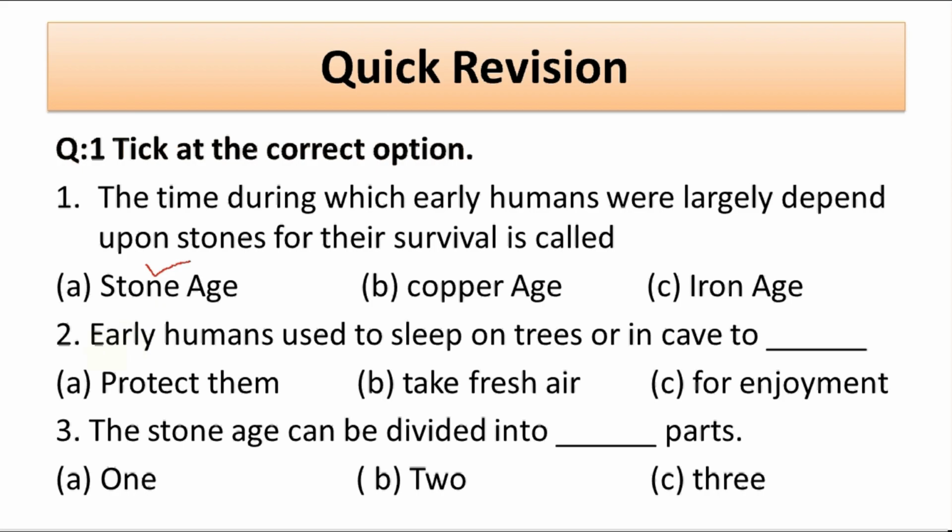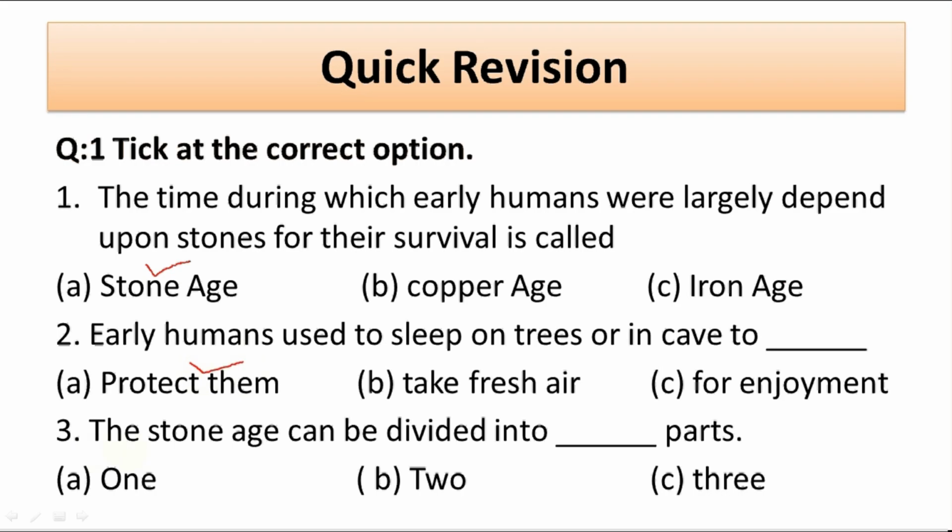Next question: early humans used to sleep on trees or in caves to protect them, take fresh air, or for enjoyment. Which is the correct answer? So the answer of this question is to protect them.